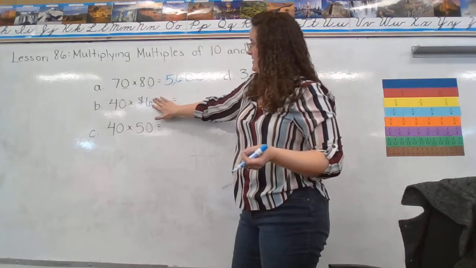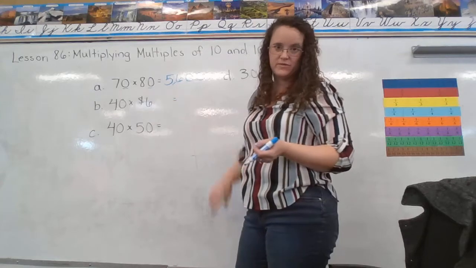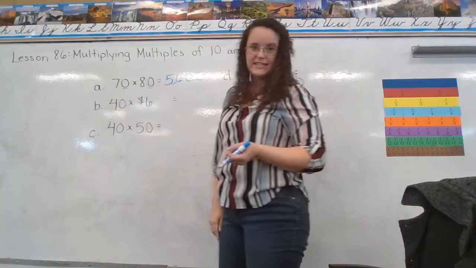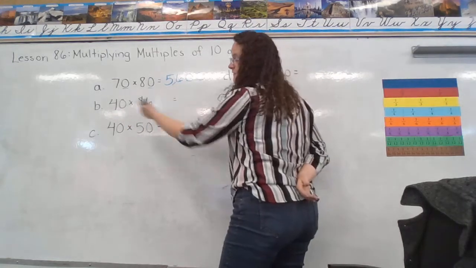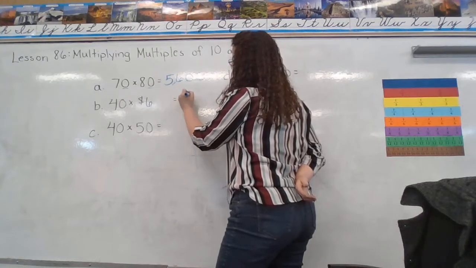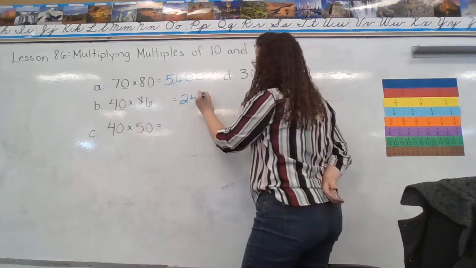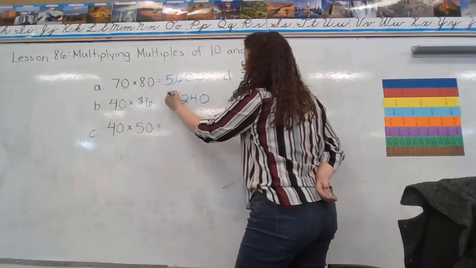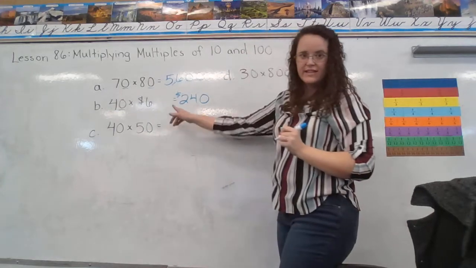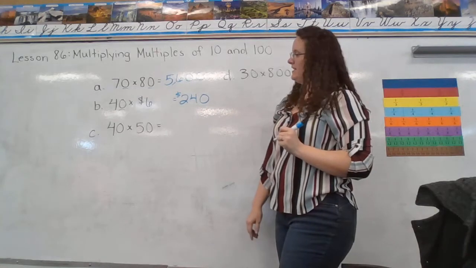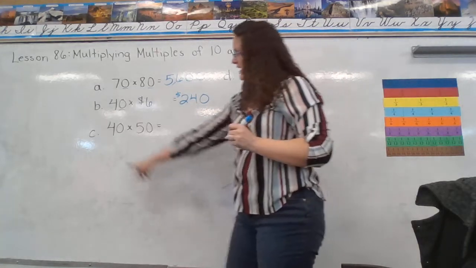I, in my mind, would just ignore those zeros and say, okay, what's 40 times 6? Well, what's 4 times 6? 24. How many zeros? 1. Don't forget to give your answer a dollar sign, and then you're good to go there.